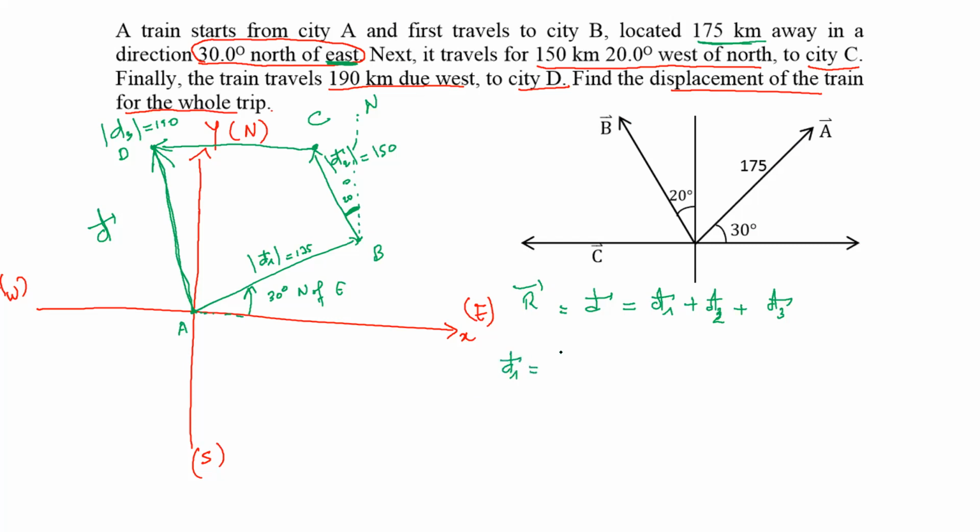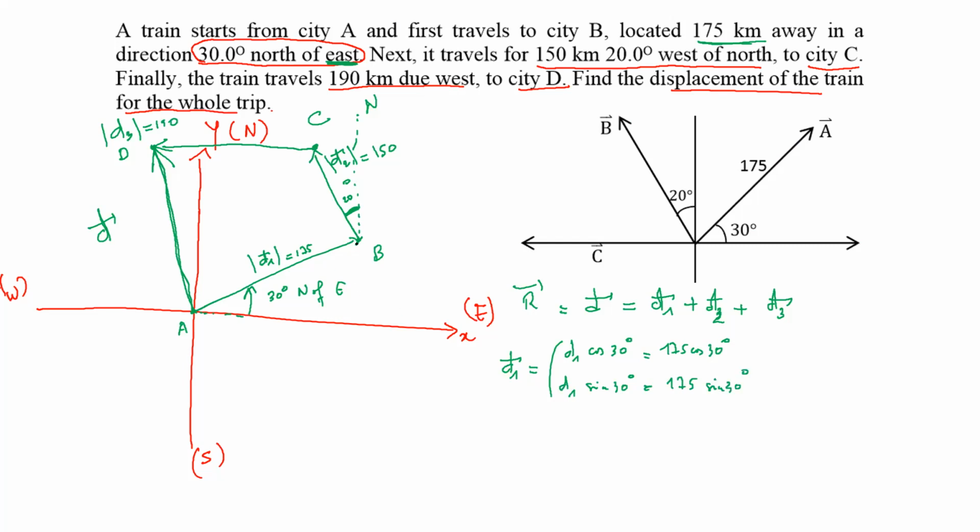D1x, I know, will be the magnitude of D1 cosine the angle between D1 and the positive x-axis, which is 30 degrees. So this is equal to 175 cosine 30 degrees. D1y will be just D1 sine 30 degrees. So 175 sine 30 degrees.